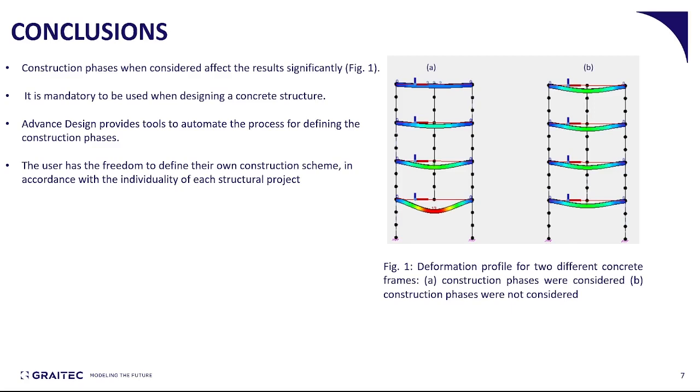And finally, the user has the freedom to define their own construction scheme in accordance with the individuality of each structural project, and of course they have the option to ask the solver to solve and calculate only the stage or the stages they want.